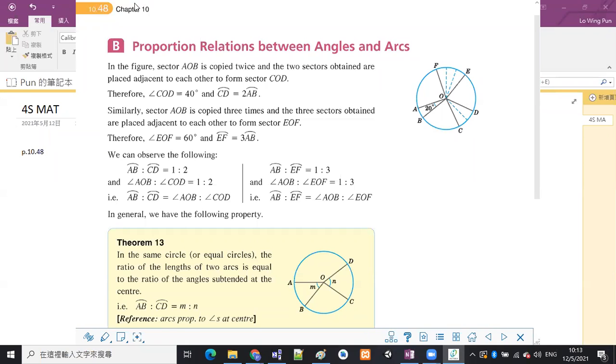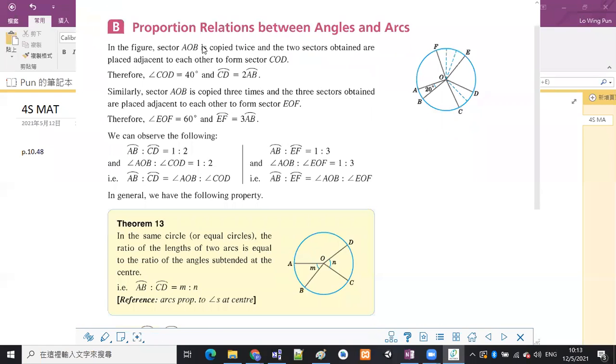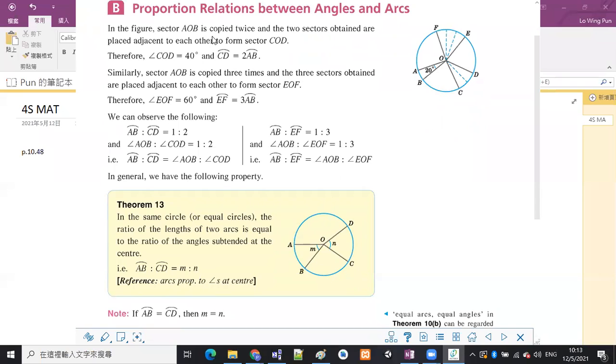But if the two angles are not equal, but we have the size of the two angles and can find the ratio of the two angles, then the arc ratio will be equal to that ratio. So the arc ratio will be equal to the angle ratio.